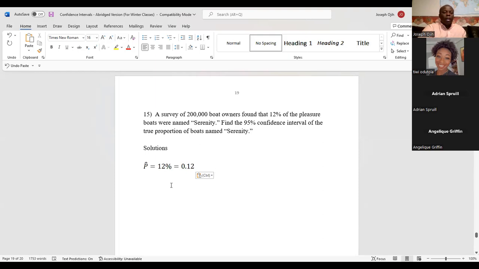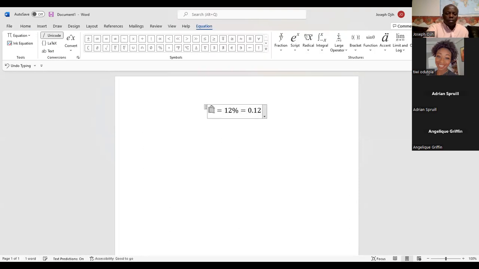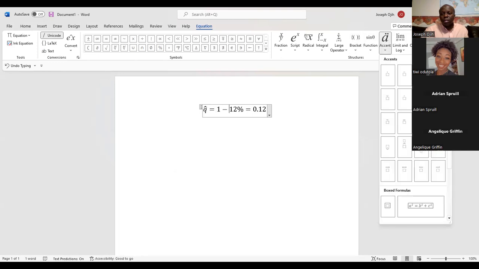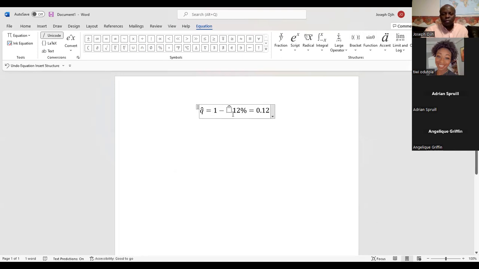We'll put it in. And Q hat will be 1 minus P hat. So Q hat is 1 minus P hat, which is 1 minus 0.12.